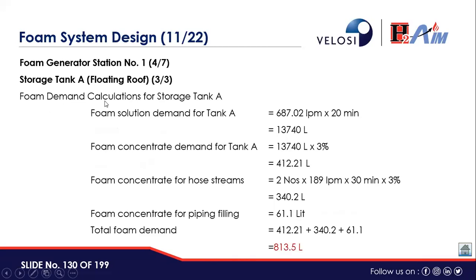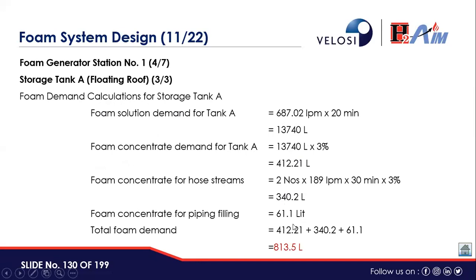The foam demand calculations for storage tank A: foam solution demand for tank A into 20 minutes, foam concentrate demand for tank A at 3%, and the foam concentrate for the hose streams can be calculated by this formula. Foam concentrate for piping filling can be calculated by this.